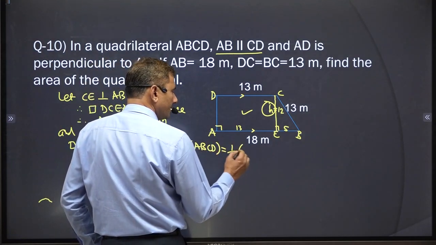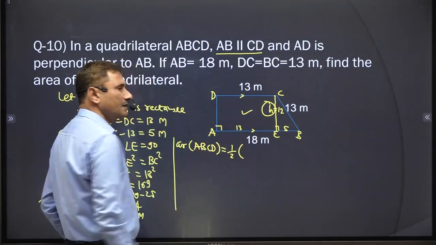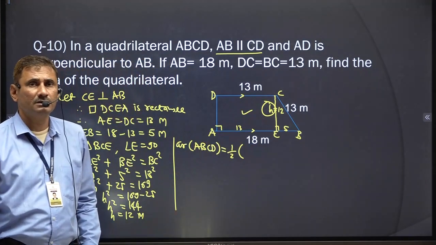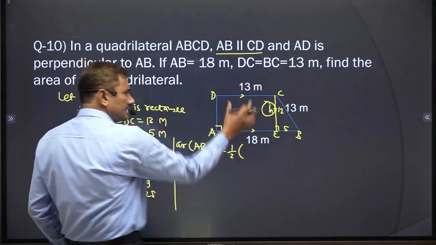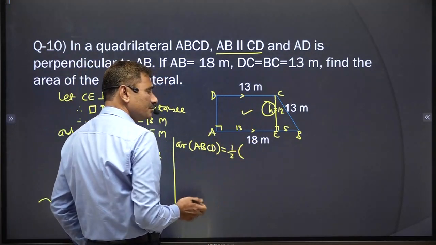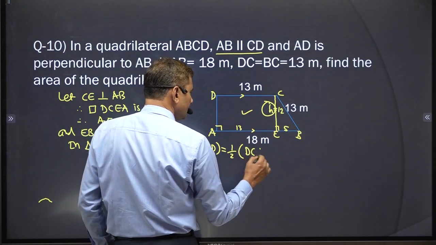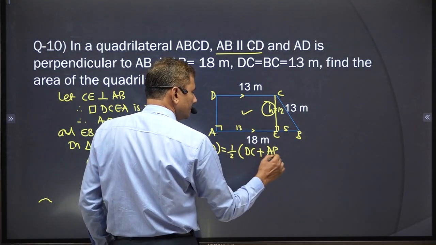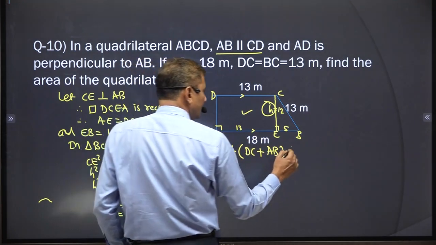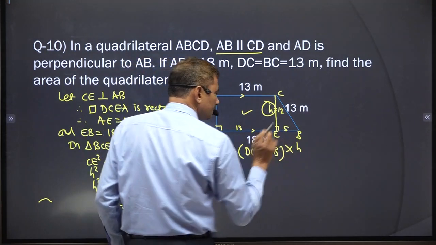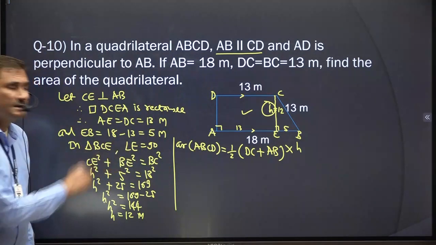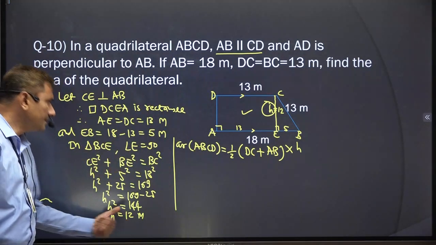I'm not writing in words because I have a specific name; you can if you want. Instead of the sum of parallel sides, I just write DC plus AB, they are parallel sides. And altitude is CE or h, that we just found here.